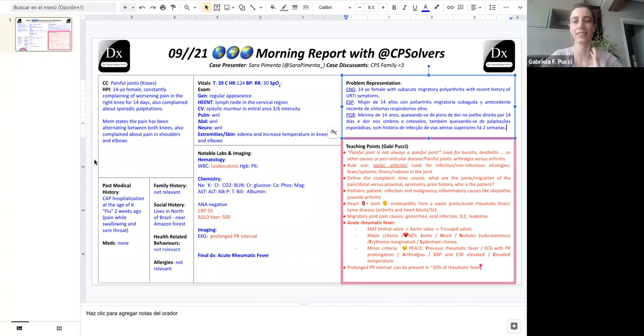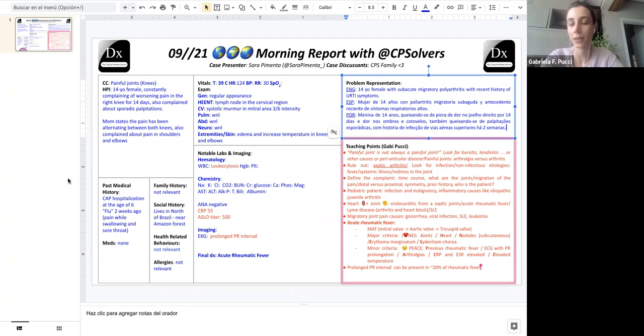Yeah, so thank you everyone for the discussion, and thank you, Sarah, for the case, and Vale, you did amazing as always by facilitating the Global VMR. So I think the first pearl that I got from this case was what Rabbi shared with us, which is that a painful joint is not always a painful joint. So we have to look for other causes of periarticular disease, such as bursitis or tendinitis.